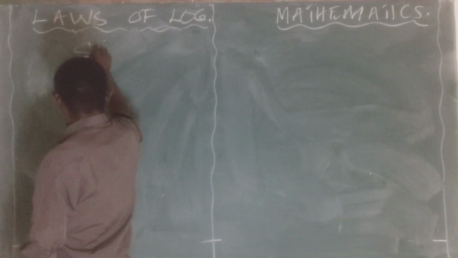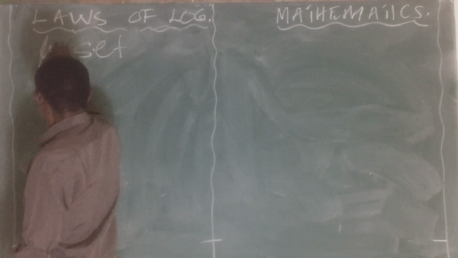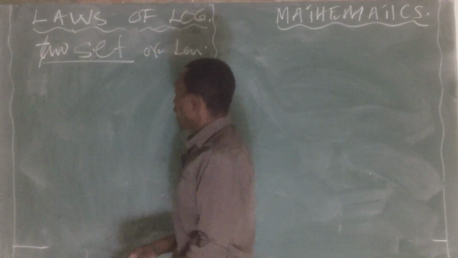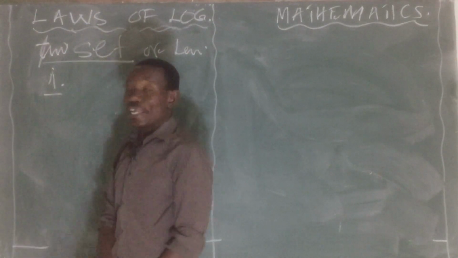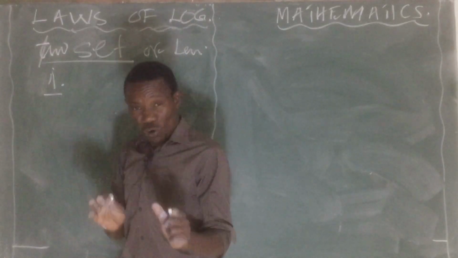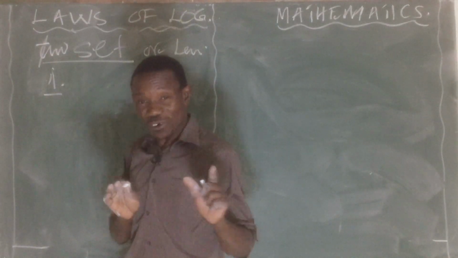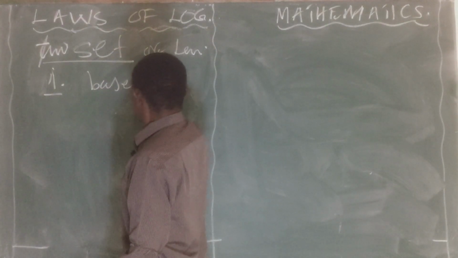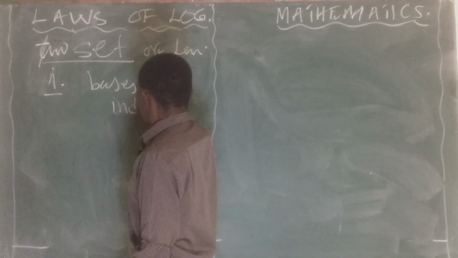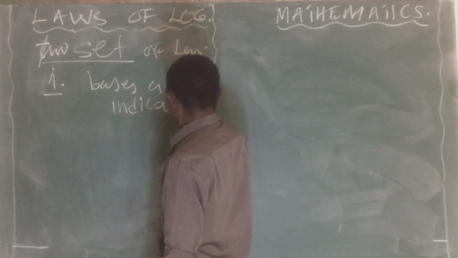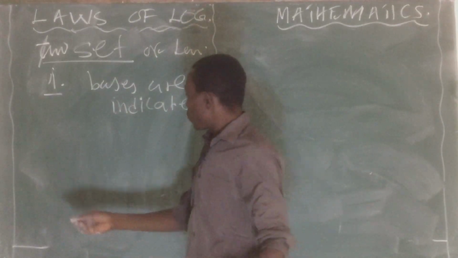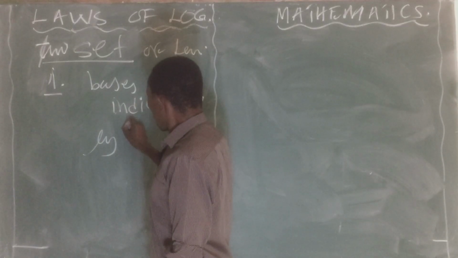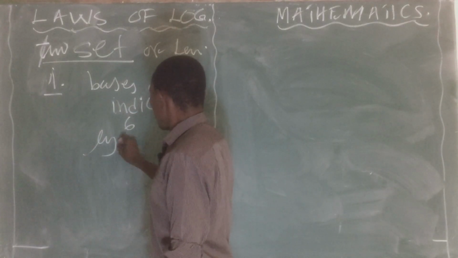So we have got two sets of laws. One set is a set of laws of logarithm of numbers whose bases are indicated. For example, we can talk of the logarithm of 6 to base 9.